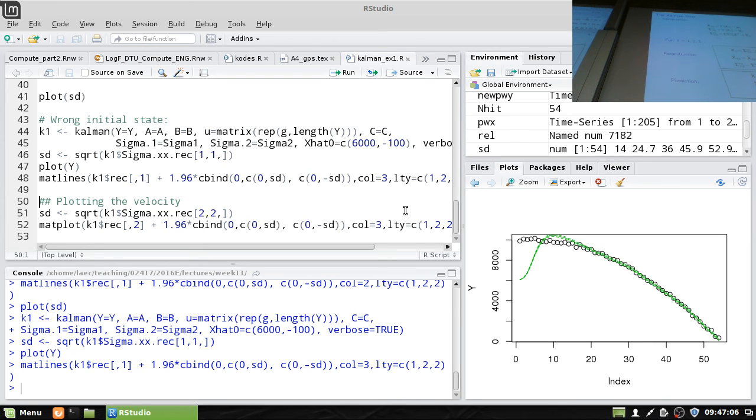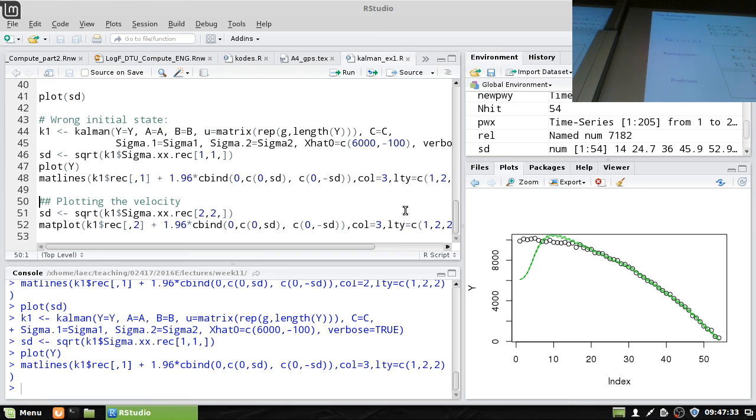Actually, already before plotting, it has been updated because I'm looking at the reconstructed. But I said there was no variance. But in just 7 or so observations, I have enough information to actually get close to where I'm at. So even though I started at a totally insane position, it will bring me up. And then after, in this case, 15 observations, I'm sort of back on track, and I can follow the data.